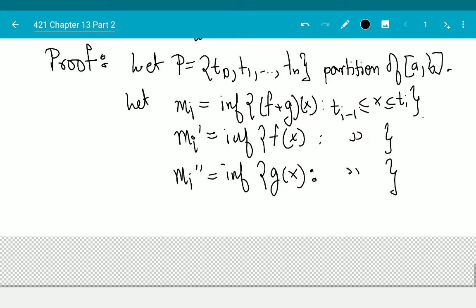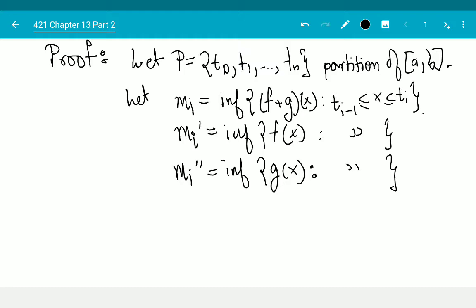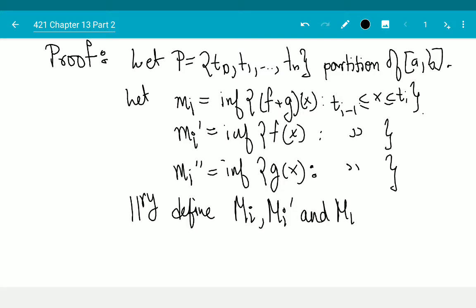Similarly define capital Mi, Mi prime and Mi double prime.